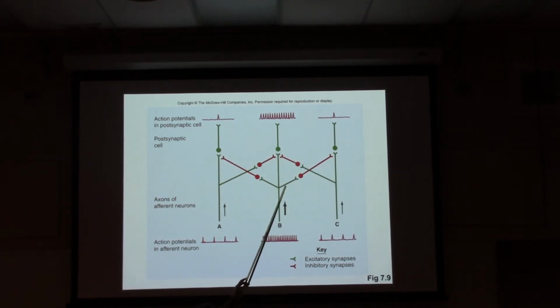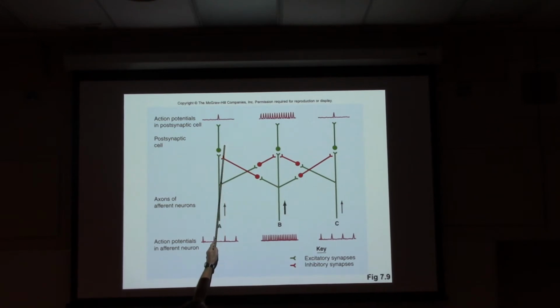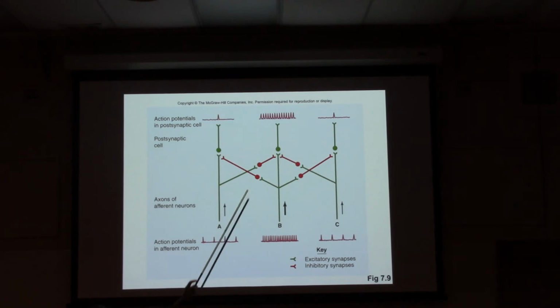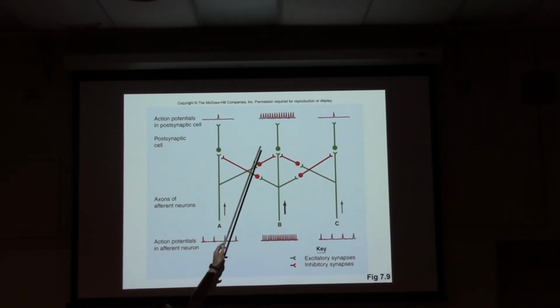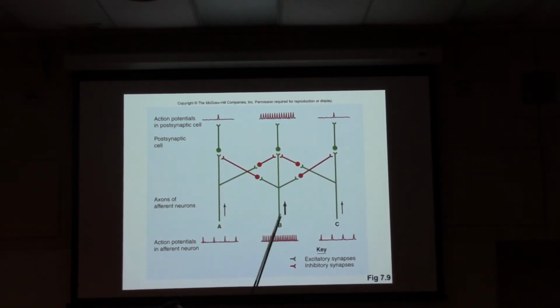But the axon terminals branch, so that B here synapses with another neuron that actually inhibits A's line of neurons and C's. It's going to inhibit the neurons around it, so it slows down their action potential frequency. A is going to do that also, but because it had a lower frequency in the first place, it has less effect there. So this frequency is a little bit lower than this, but B, since it had a higher initial frequency, has more of an inhibiting effect on the neighboring neurons.